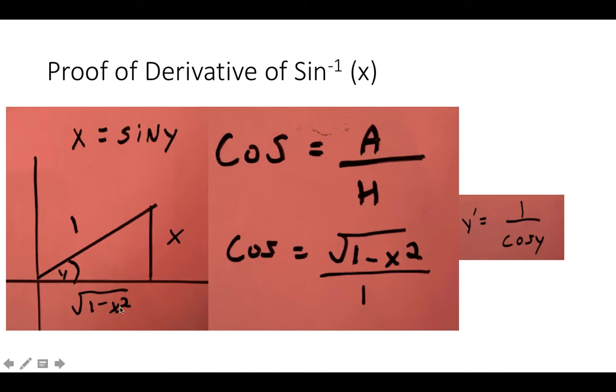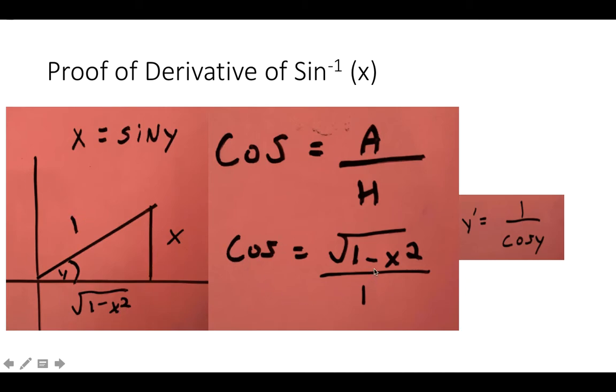Once again, let's go back to the original formula. Remember, y prime is equal to 1 divided by cosine of y. We just concluded that. Now let's input our cosine into that formula. What do I mean? Cosine is adjacent over hypotenuse.